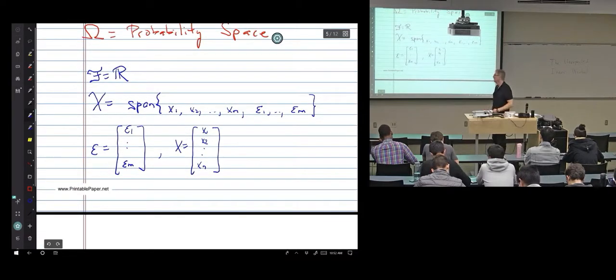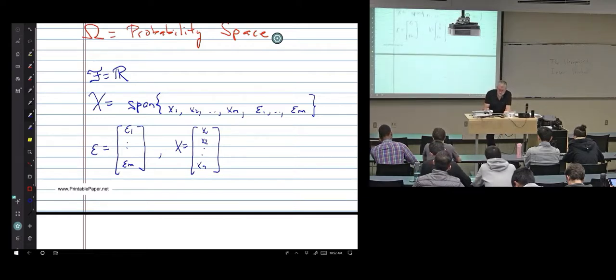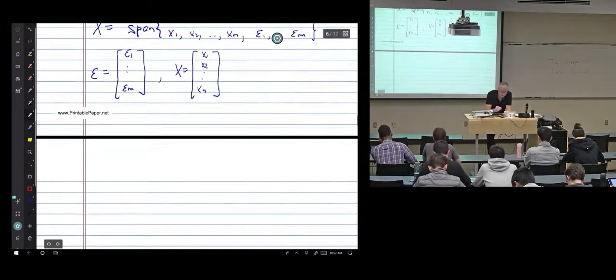So that is a vector space. I'm going to turn it into an inner product space by defining an inner product.